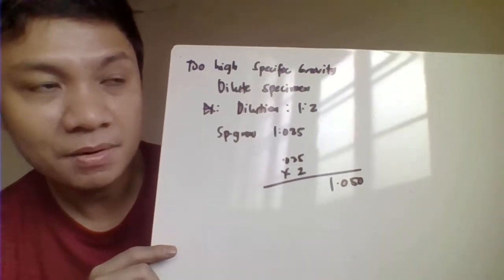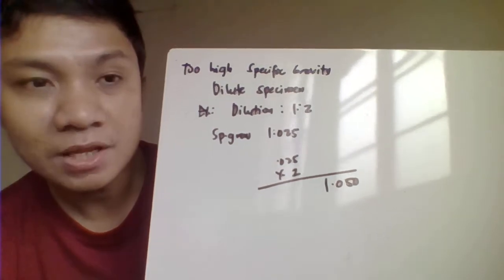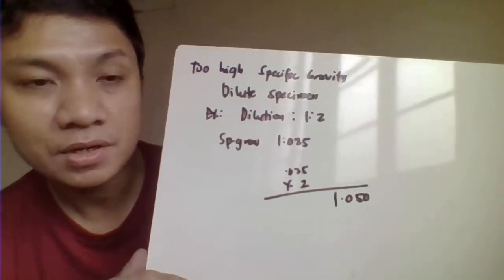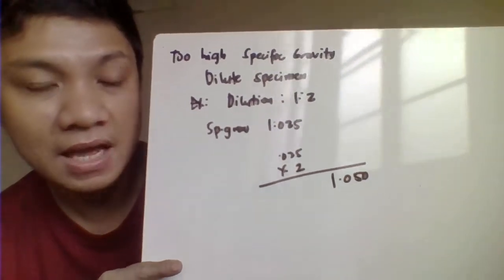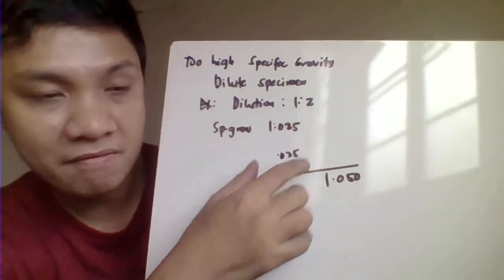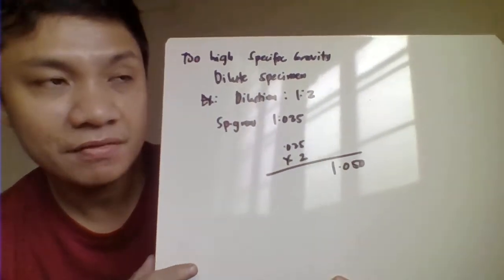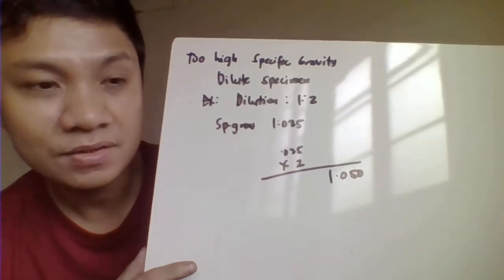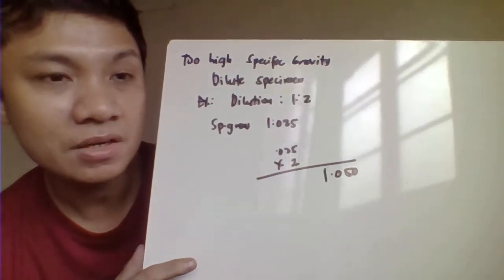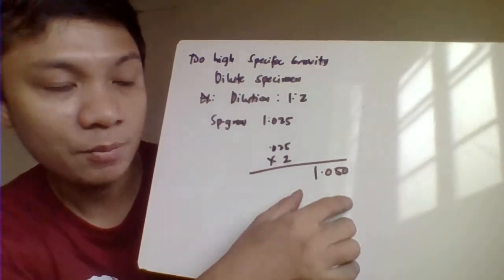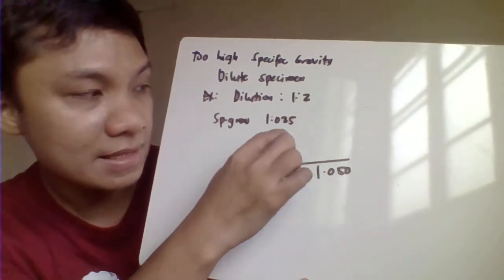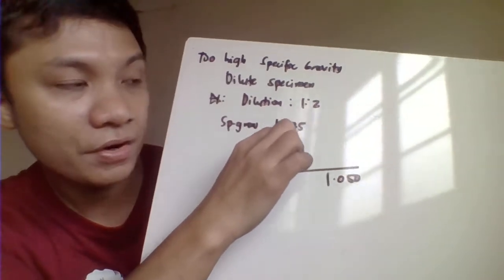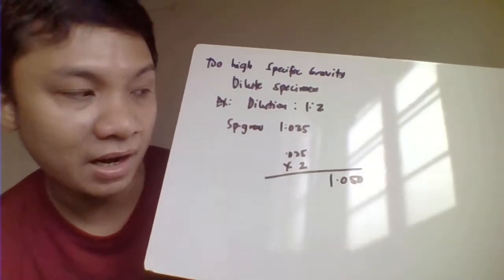So for example, after dilution, you measure the specific gravity of the urine and you get a 1.025 specific gravity reading. The actual specific gravity should be obtained by multiplying the last 3 decimals of your reading by your dilution factor.